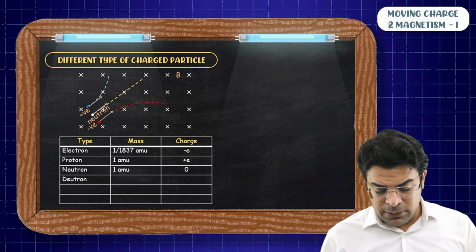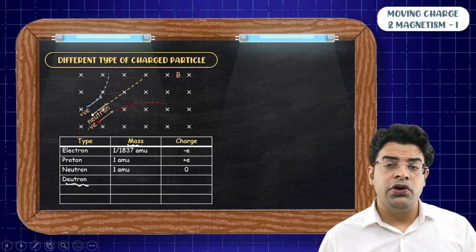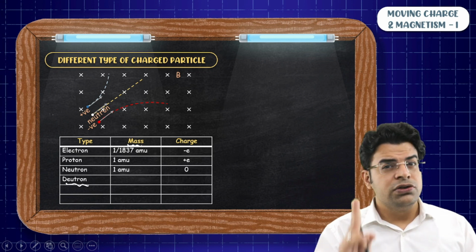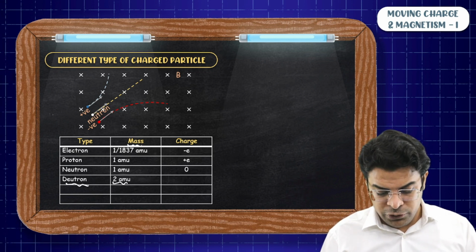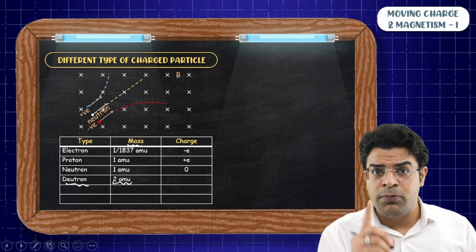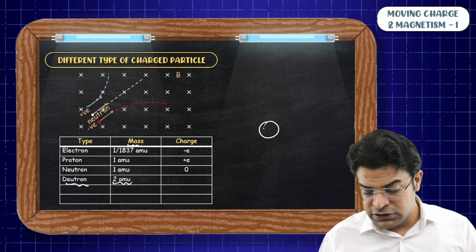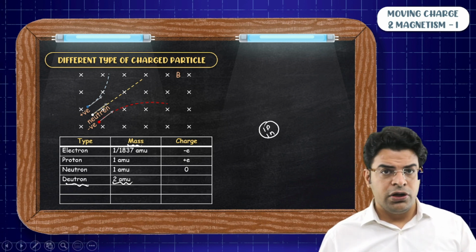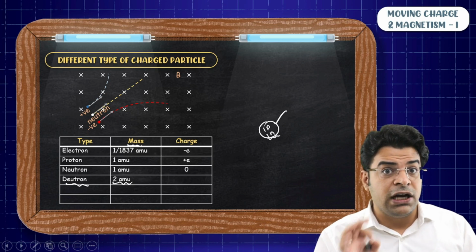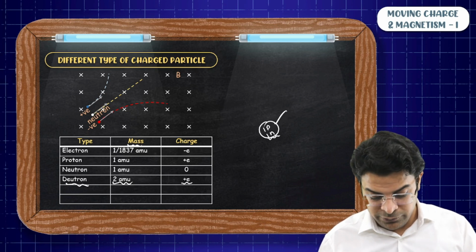So what is the mass of a deuteron? A deuteron is made up of one proton and one neutron, so it has a mass of 2 AMU. And the charge on a deuteron is the same as the charge on one proton, because the neutron doesn't have any charge. The proton has charge plus e, so the charge on a deuteron is plus e.